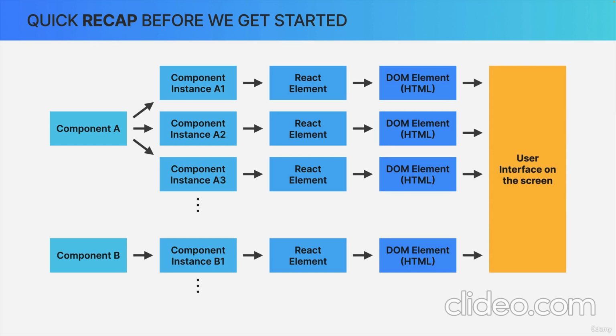So we have a pretty good understanding of the initial part of this process, so of transforming components to React elements. However, what we don't understand yet is the second part of the process, so how these React elements actually end up in the DOM and displayed on the screen. Well, luckily for us, that is exactly what this series of lectures is all about.